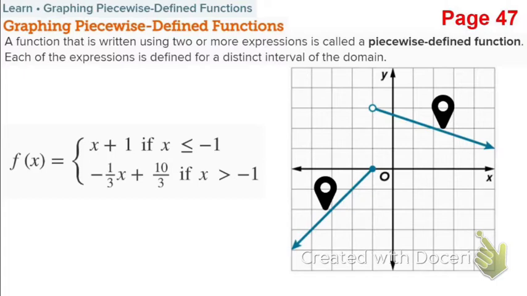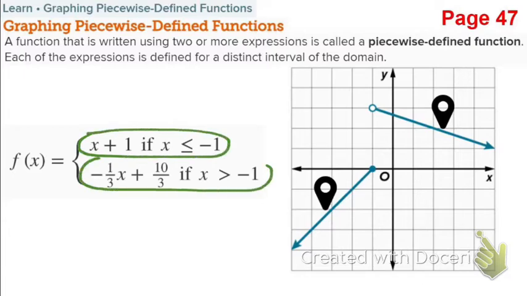How many lines? This would be a line, and then this is a line. Two. We've got a top piece and a bottom piece, right? When I see two parts in here, I know that on my graph, I'm going to see two different lines graphed here.